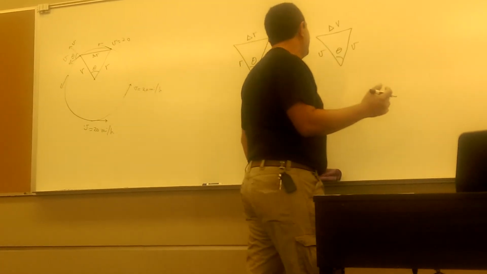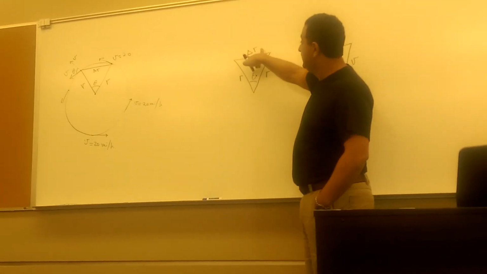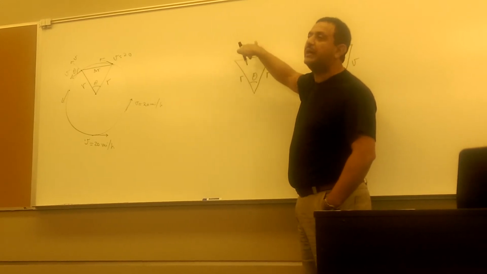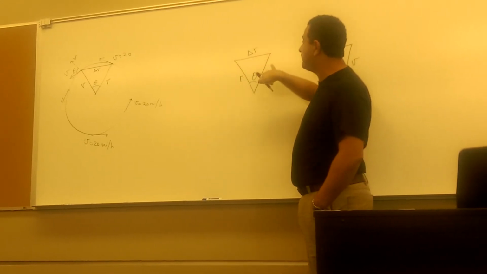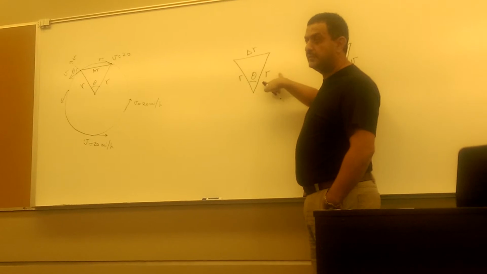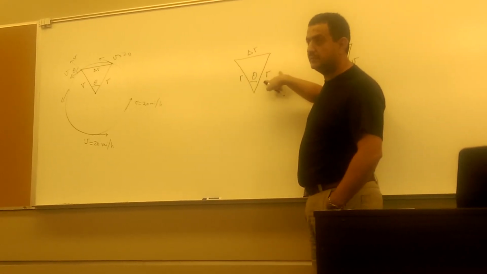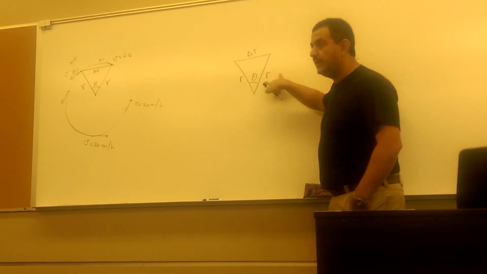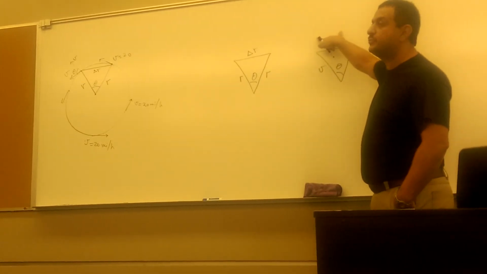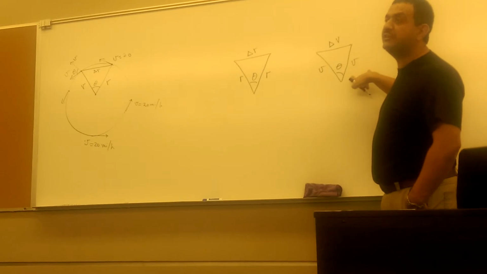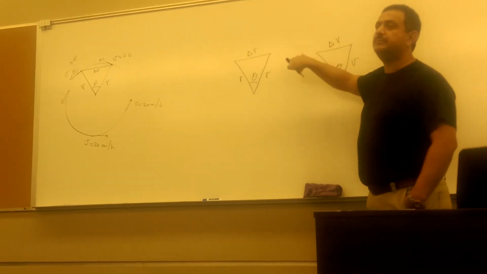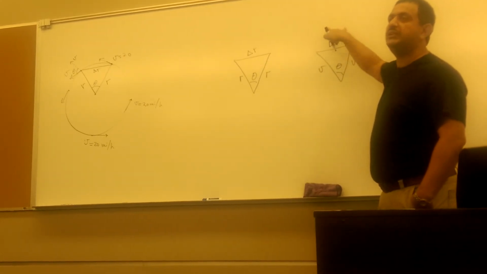Which means if I take the ratio, meaning divide one by the other, if I divide delta r by r, so let's assume this is 10 and this is 3. Good? And let's assume this is 20 and this is 6. They should give us the same number. 10 divided by 3 should give us the same number as 20 divided by 6.